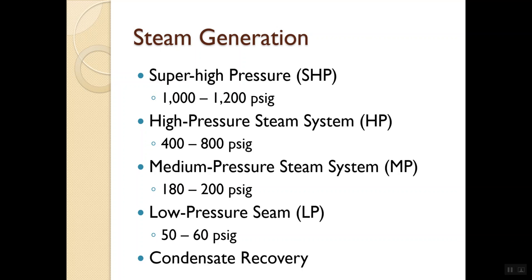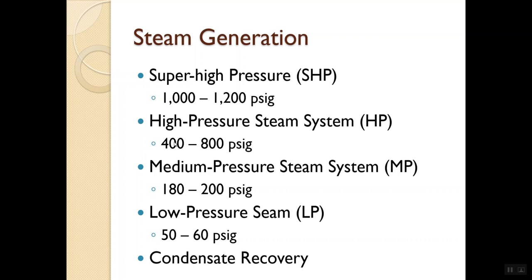This is how the American Petroleum Institute, API, classifies steam in different pressures, super high to medium to low. Condensate recovery is that steam that's already been used up, it's already gotten all its heat out of it, and it turns back into its liquid form of water. Notice that there are some gaps in this because these are just relative.